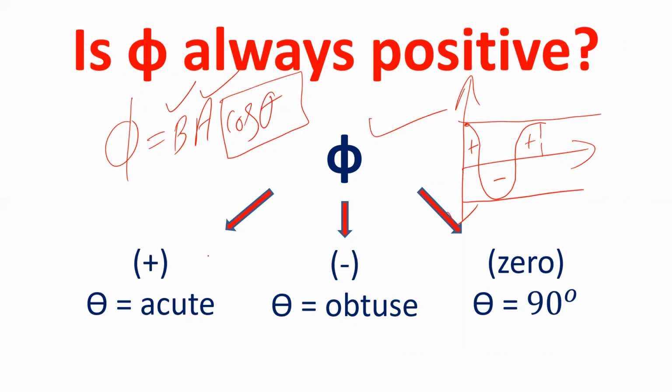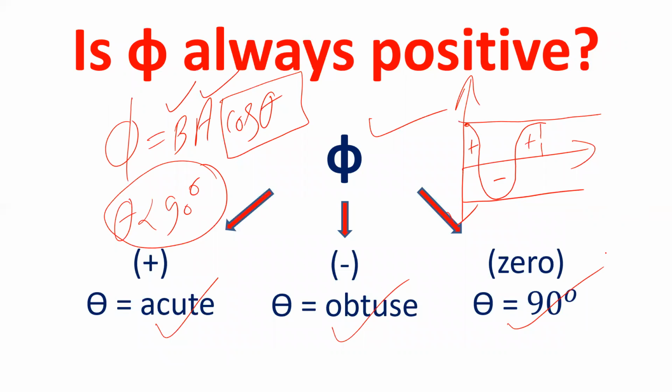We know that when theta is less than 90 degrees, cos theta is positive. So when theta is acute, the flux is positive; when theta is obtuse, the flux is negative; and when theta is 90 degrees, the flux is 0. If I draw it diagrammatically, what does that mean? That means here is the area vector, and we have the magnetic field here.